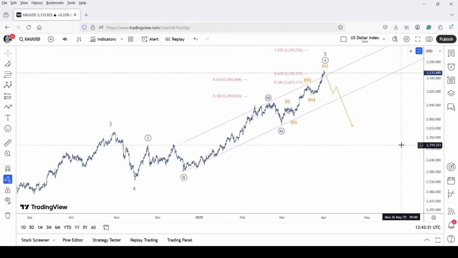It is wave 5 at minute degree. I'm not saying that it cannot go above 3128. It's already done 3145. Another price action suggests it could push towards 3275 as well, between the Sydney, Tokyo, and London times.